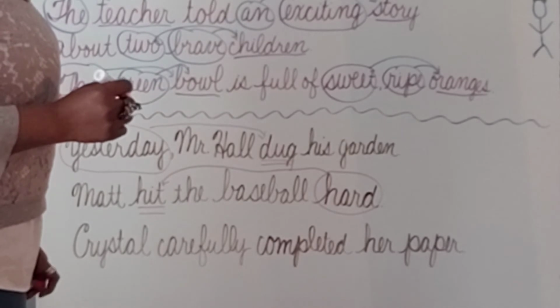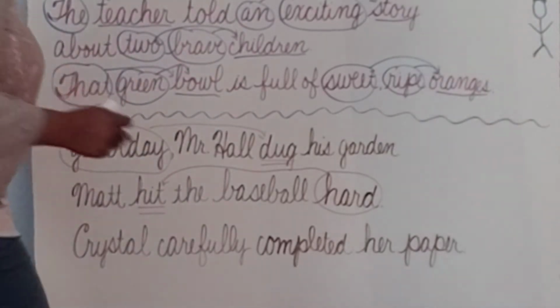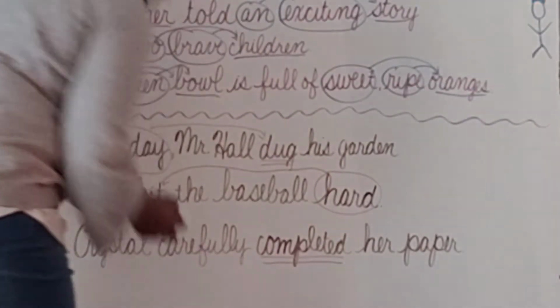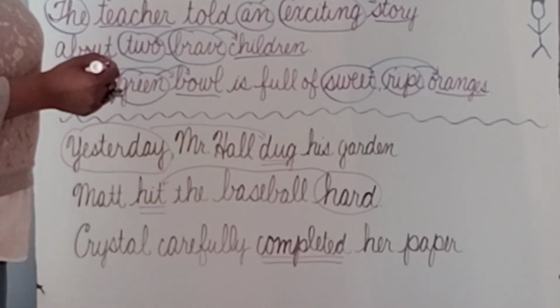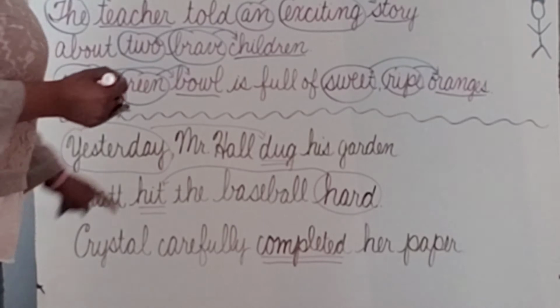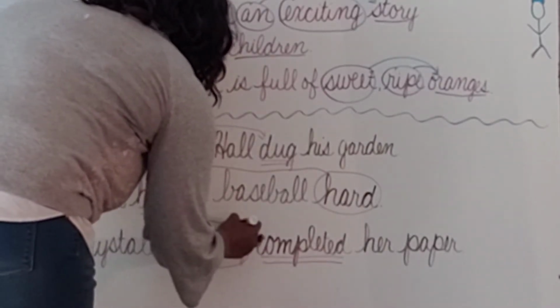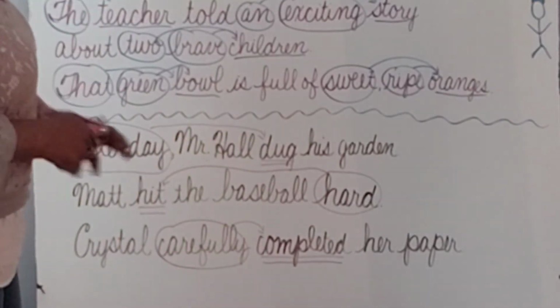Crystal carefully completed her paper. What is our verb? Completed. You can complete something. Okay? And I hope that you are completing your work. And then completed how? Yes, carefully. So recognize the fact that adverbs can be anywhere in the sentence describing that verb.